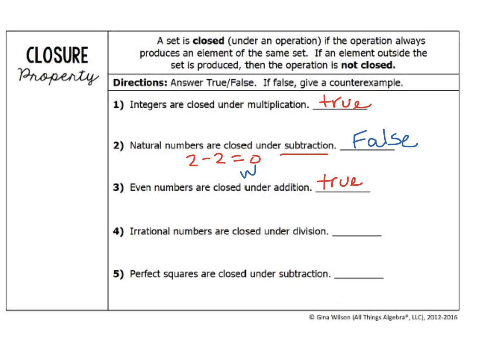Okay. Irrational numbers, are they closed under division? So if I take 2 irrational numbers and divide them, will I still end up with an irrational number? And this one might be a little harder for you because we're still getting used to irrational numbers. I'm going to come up with an easy example for you. We know that pi is irrational.